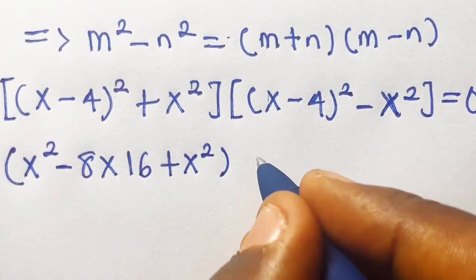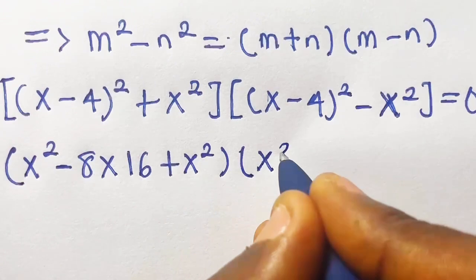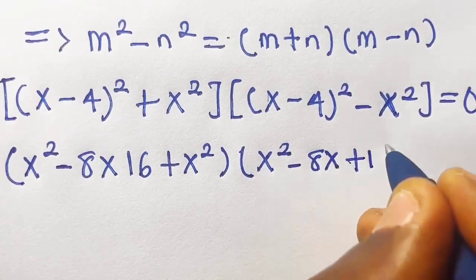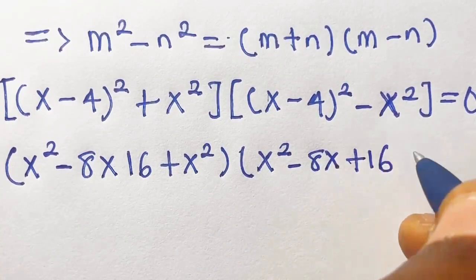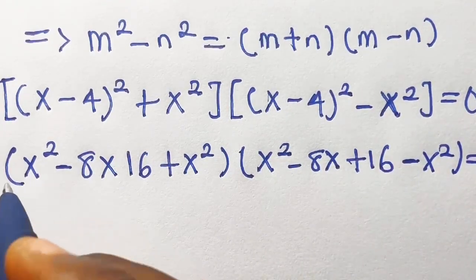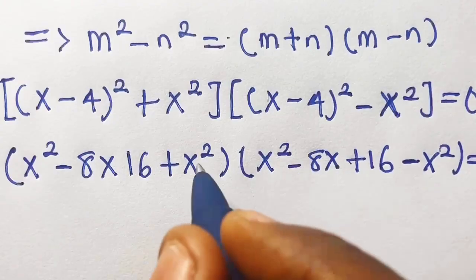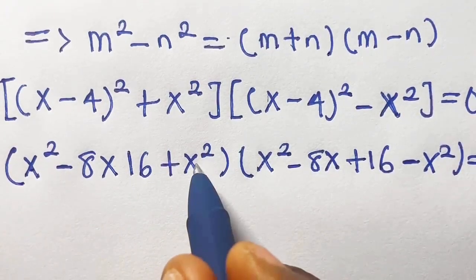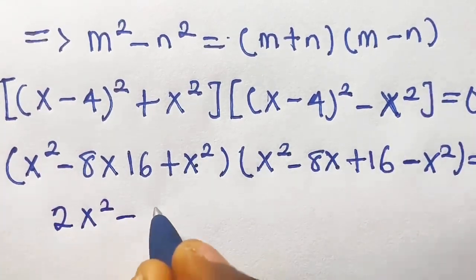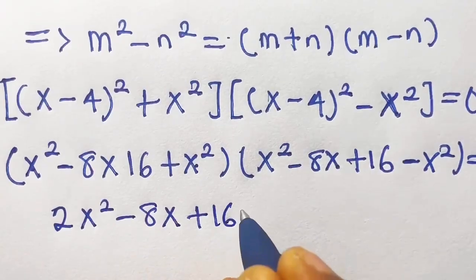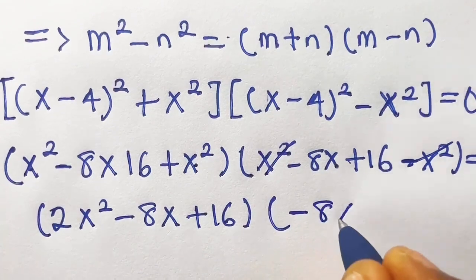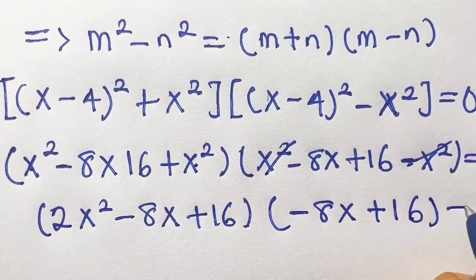Again we do the same thing: x^2 − 8x + 16, then we subtract x^2. Now you see that this and this are common terms, so we have 2x^2 − 8x + 16. But here, this cancels out this, so we have −8x + 16 = 0.